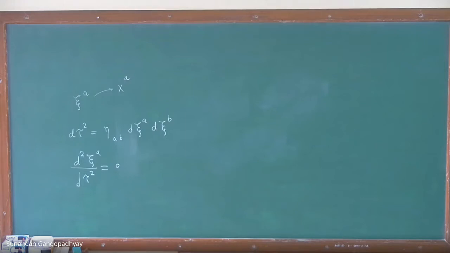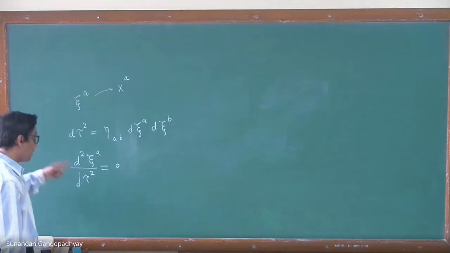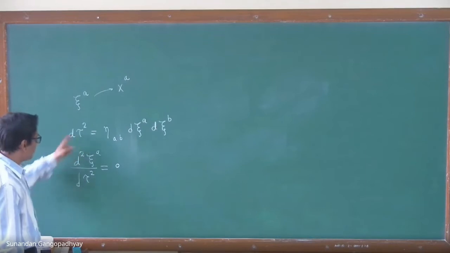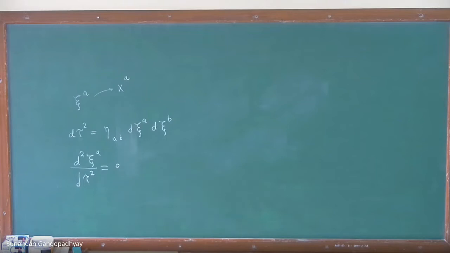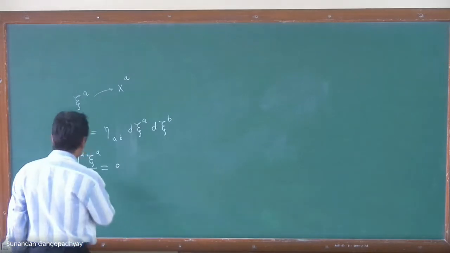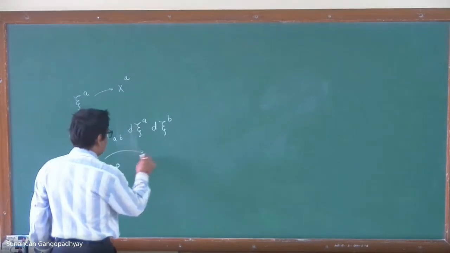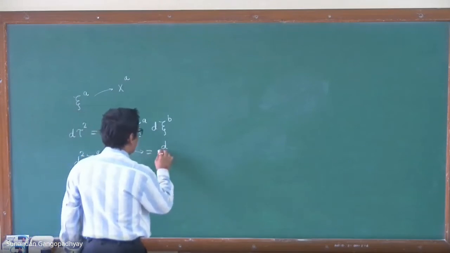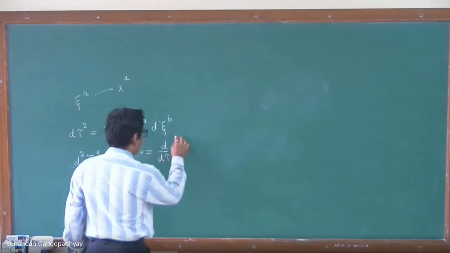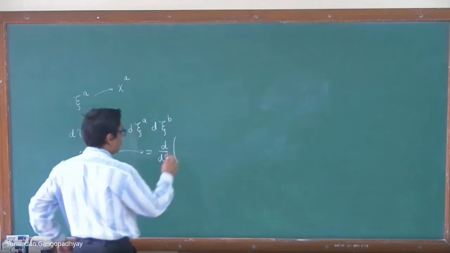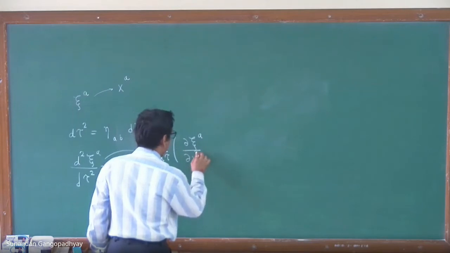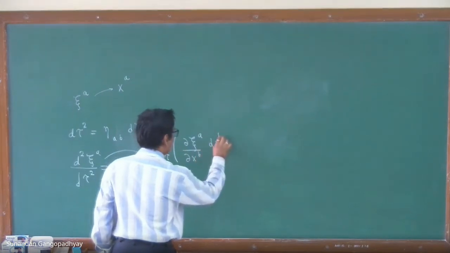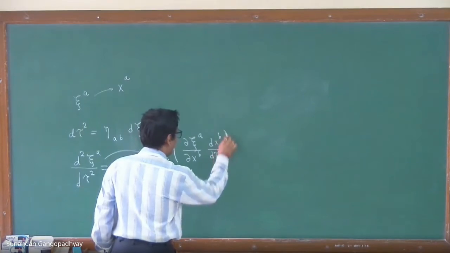So what we are doing is we are applying the principle of equivalence, and since we have applied it in the local inertial coordinate system, this equation of motion is simply this. That is a free particle. Now we can write this thing in the following way. But dξ/dτ, we can write it down as, one second, change.